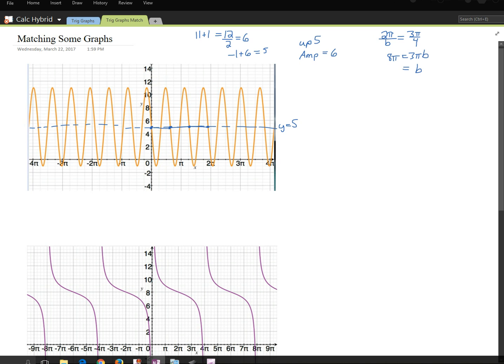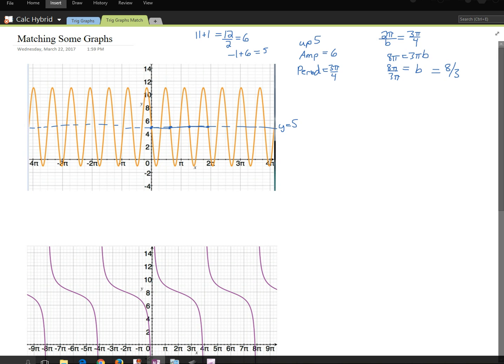So that means b would be 8 pi divided by 3 pi. So that looks like that's about 8/3. That's a tough call, and I might not have this one exact. But that's what I'm going to say, that the period is going to need an 8/3 in it. So the period, it looks like, was 3/4 pi. That's what I was saying anyway. So 3/4 pi. All right, so there we've got that.